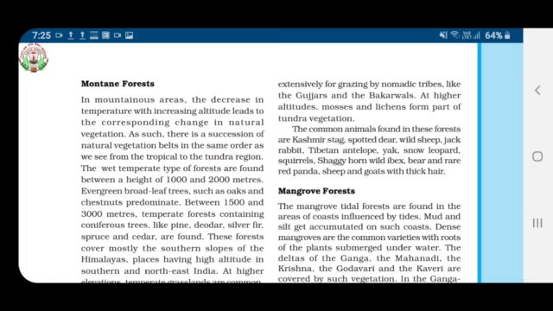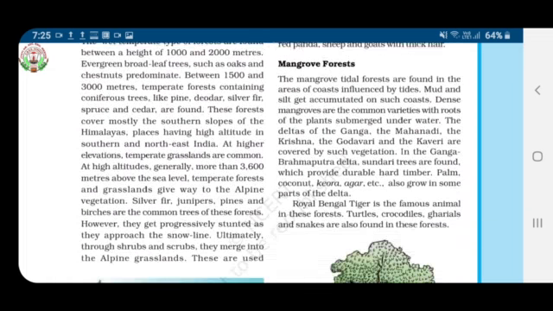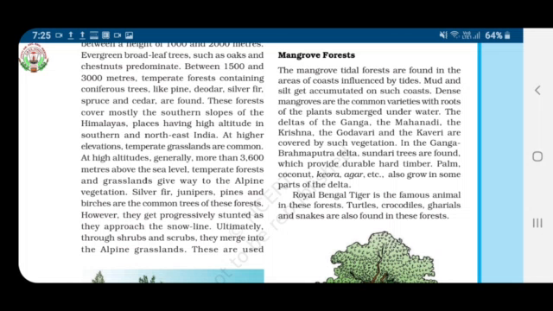Then comes the mangrove forest. Next forest. The mangrove tidal forests are found in the areas of coast influenced by tides. Silt and mud get deposited on such coasts.